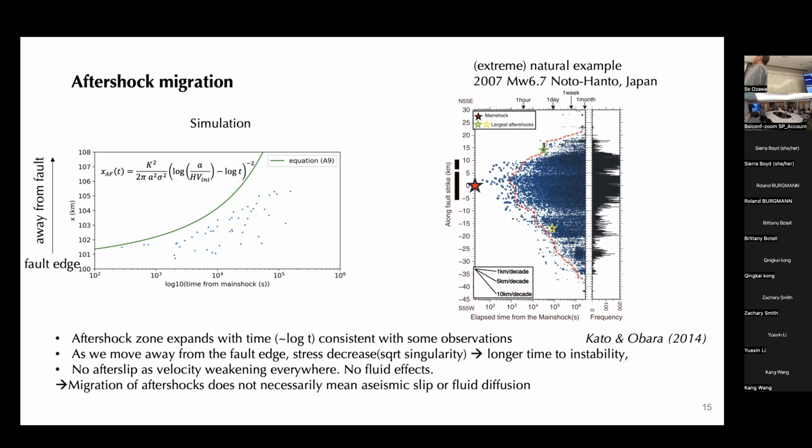It's very difficult to define migration speed because it is not constant. It decays over time, because this is log time, logarithm of time, and this is a linear coordinate. So it decreases with time. I think we can define the migration rate by, say, 1 kilometer per decade or something like that.